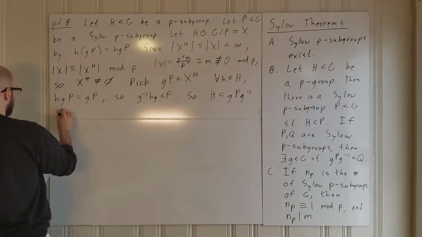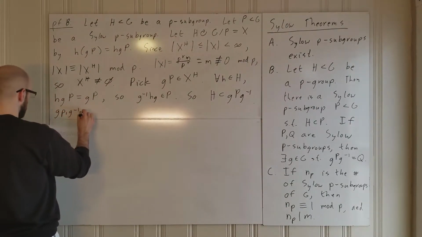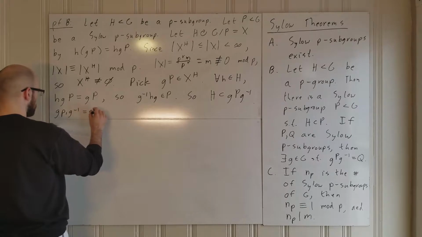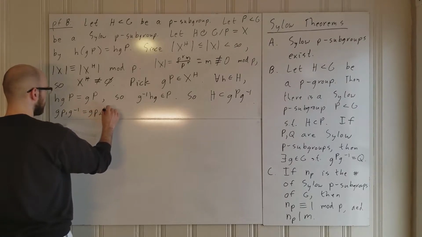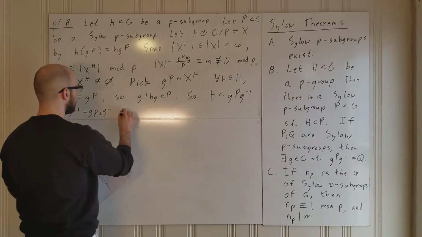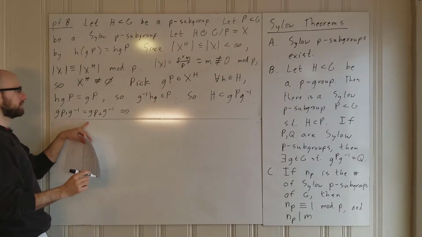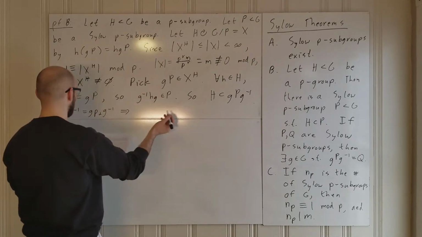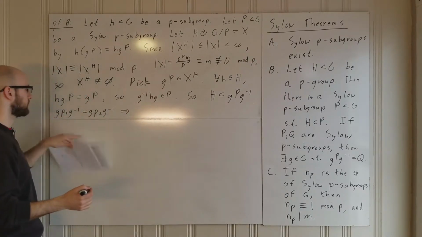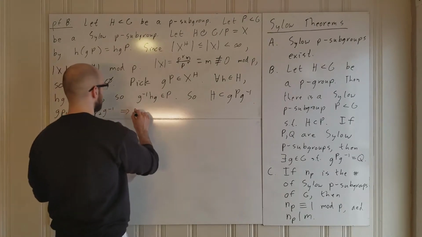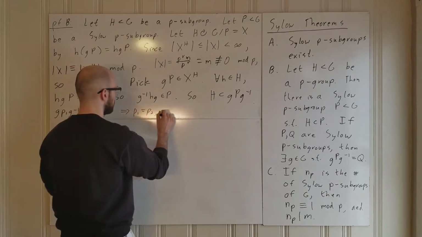Now, note that, just in case this isn't immediately obvious, if gp1g inverse equals gp2g inverse, then multiplying on the left by g inverse and on the right by g gives you p1 equals p2.